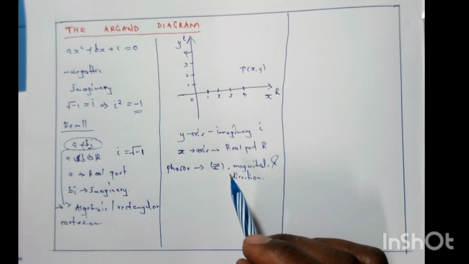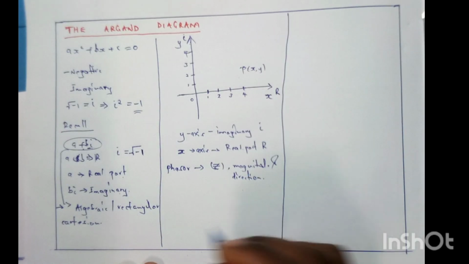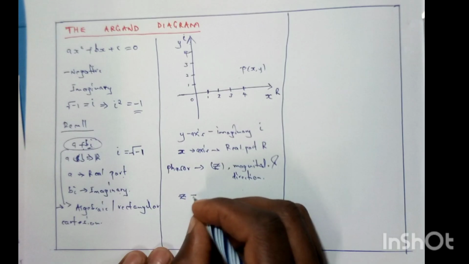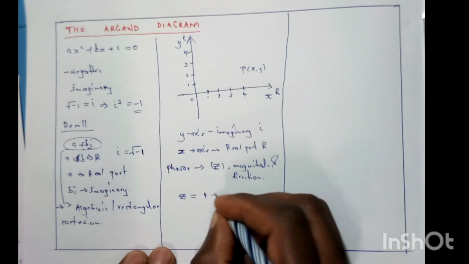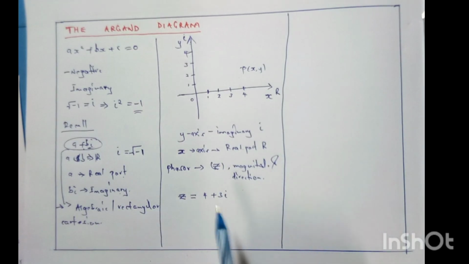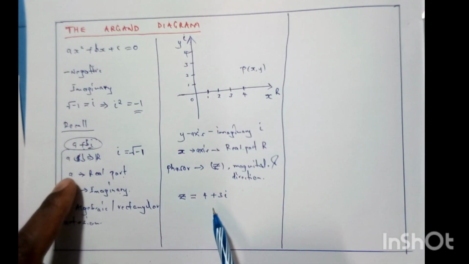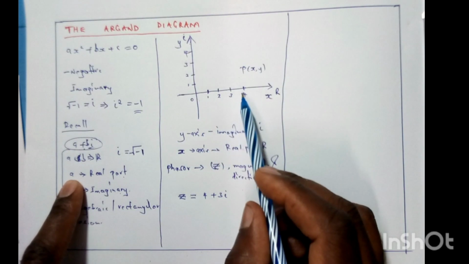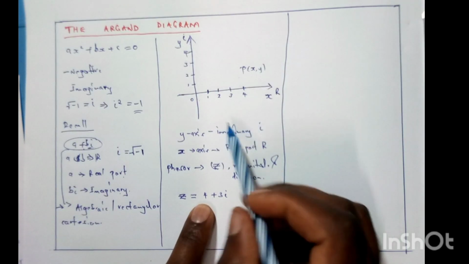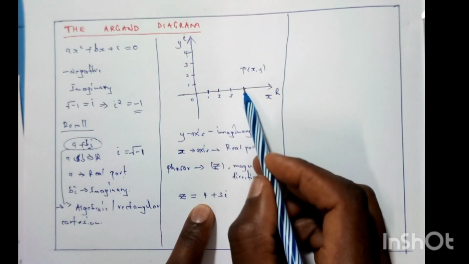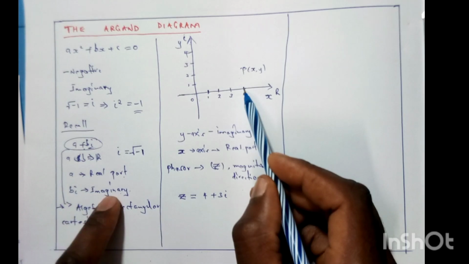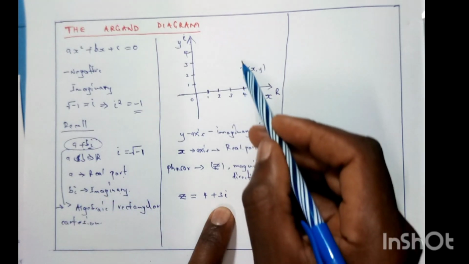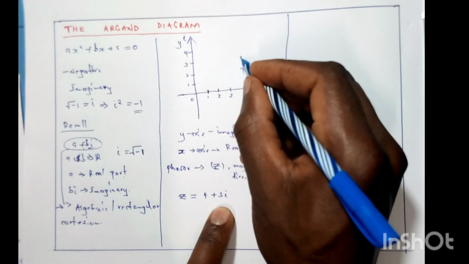So we can describe a specific complex number. Now, suppose this phasor z is given as 4 plus 3i. I'm going to use 4 as the real part, which is a representation along the x-axis, so I'm going to move 4 units along the x-axis, and the imaginary part is 3, so I'm going to move 3 units along the y-axis.